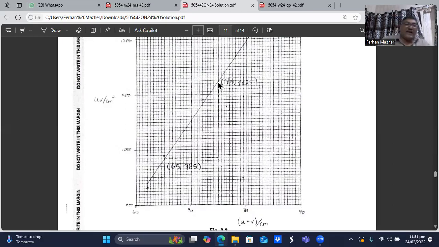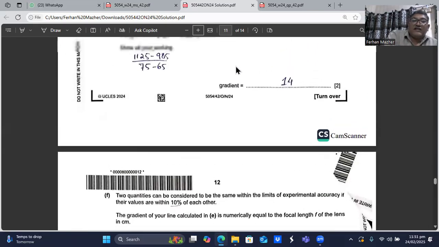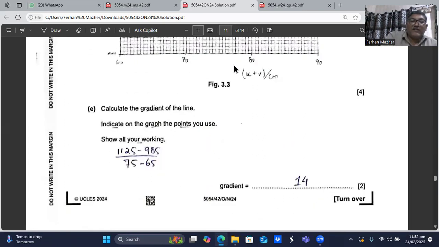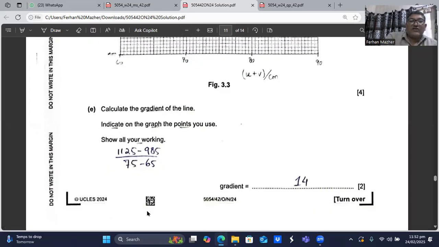Okay. So then on the graph, I will show this triangle. I will join these 2 points with the rectangular components. And I will use the formula, the rise divided by run. So the gradient is y2 minus y1 divided by x2 minus x1. So this gives me the gradient. So 1125 minus 985 and the whole thing divided by 75 minus 65.